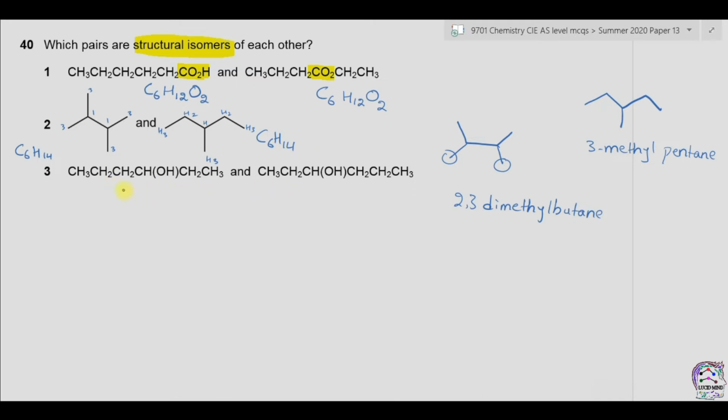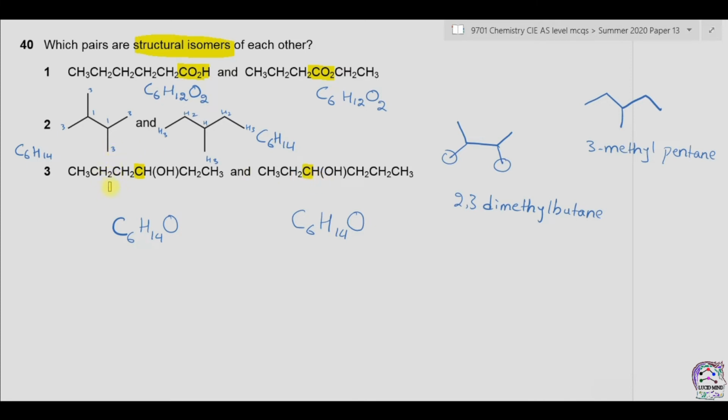For the third option, we can see the molecular formula first. So we have 6 carbon atoms, 14 hydrogen atoms, 1 oxygen atom for this compound. For this compound we have 6 carbon atoms, 14 hydrogen atoms, 1 oxygen atom. Now let's name this one. In the first one we have an OH group attached to this carbon atom, so this is an alcohol, while in the second we have an OH group attached to this carbon atom, so it is also an alcohol.